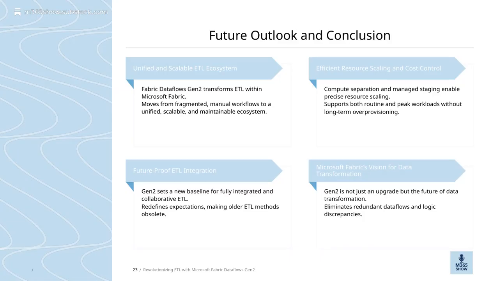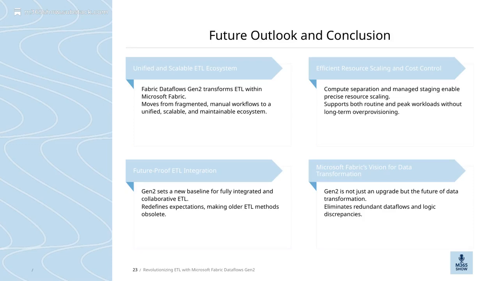Looking ahead, the concept of future-proof ETL integration becomes essential. With compute separation and managed staging, we can precisely scale resources to match workload demands. Whether it's routine tasks or peak processing periods, we can support them all without the need for long-term overprovisioning.